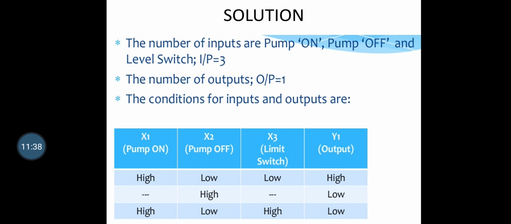The conditions for inputs and outputs are tabulated. X1 is pump on, X2 is pump off, X3 is the limit switch, and they give the output Y1, showing the various levels. When X1 is high, X2 is low and limit switch X3 is low, that gives a high output.